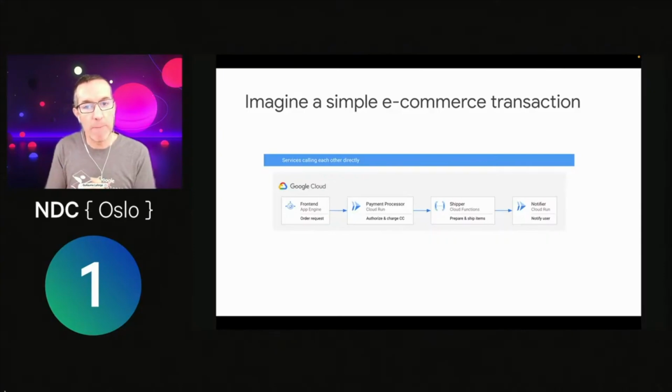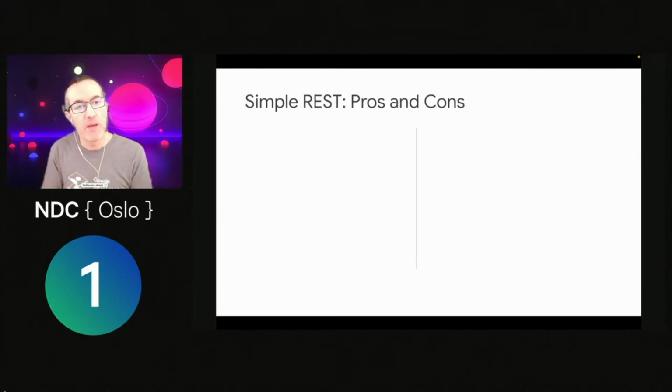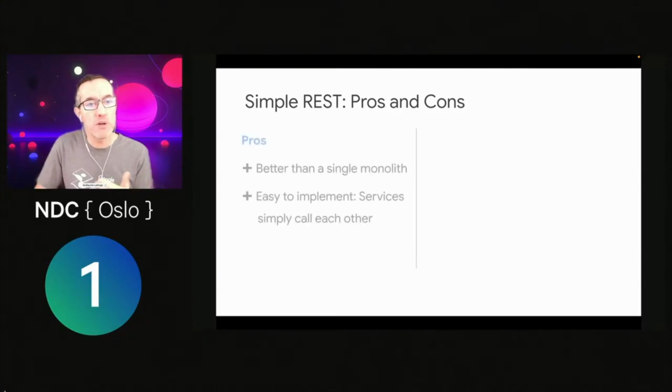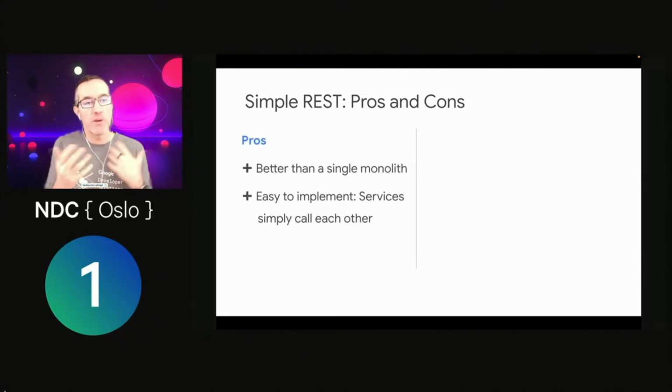It's one approach, but as you can see, the services are pretty tightly coupled as they invoke each other in a chain. So if something fails in the middle, what's going to happen? There are some pros and cons to this approach.